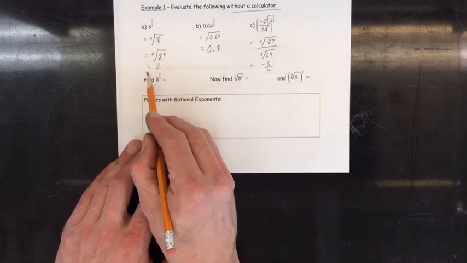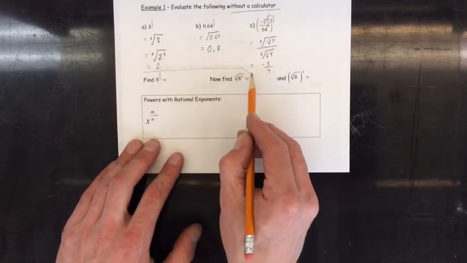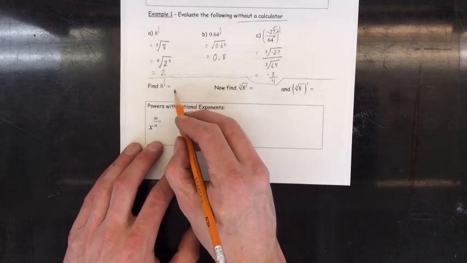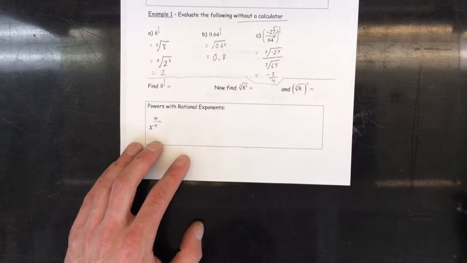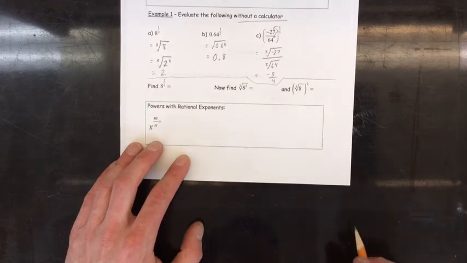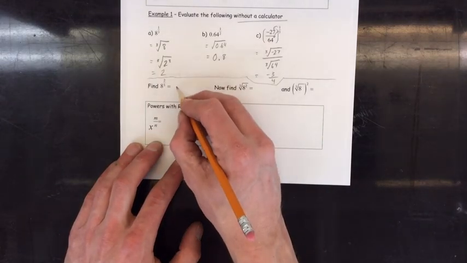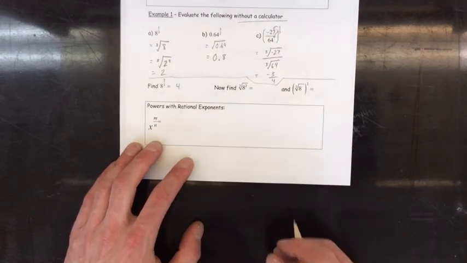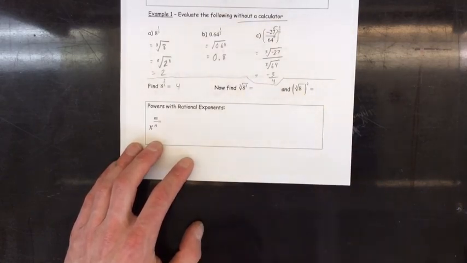Now the next thing to do is we're going to play some more. On my calculator, I want you to find what is 8 to the power of 2/3. And when I use my calculator, I get 4. Well, now I want you to find the third root of 8 squared.